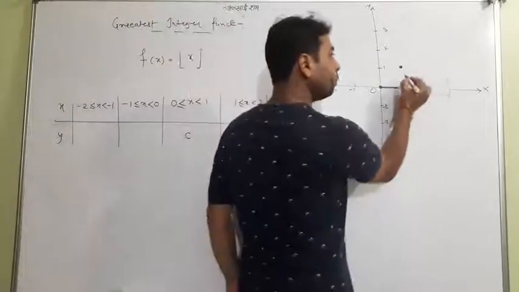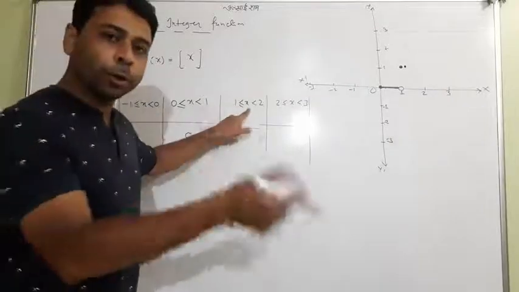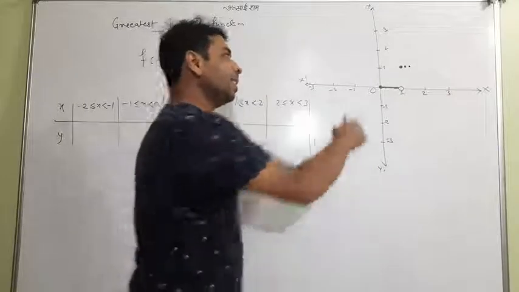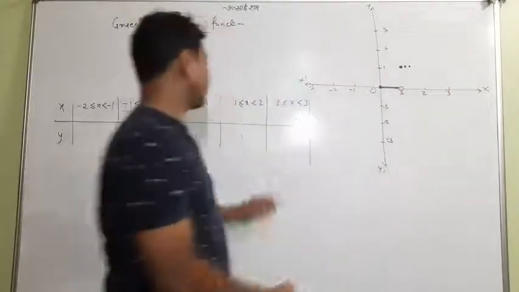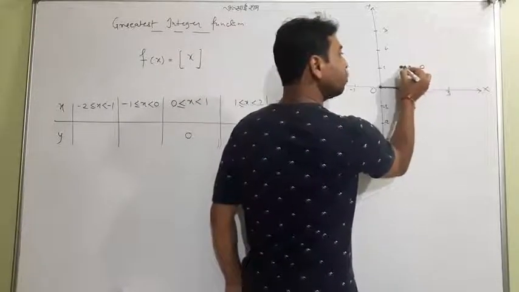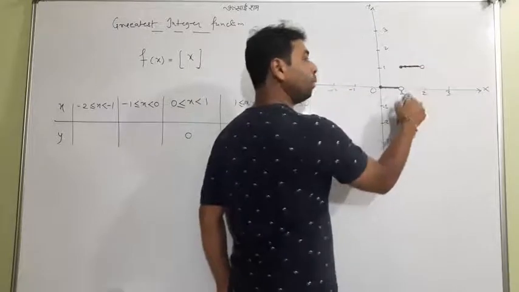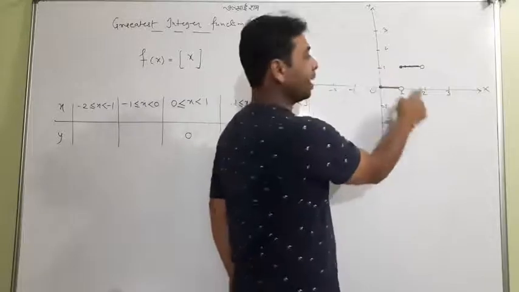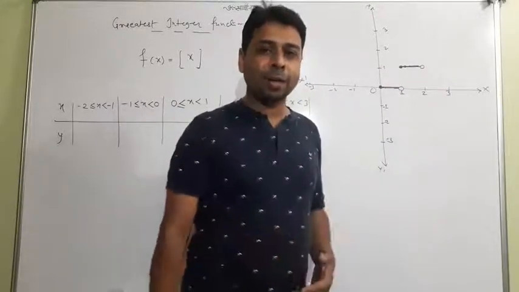X equal to 1.2, y will be 1. Hope you're getting it. The line will definitely form till 1.9. But at 2, it is not there. So this point will be excluded and this is included, and this dark line will be formed. For all x equal to 1.1, 1.2, 1.3 till 1.9, the answer is 1. But x equal to 2 cannot be taken.